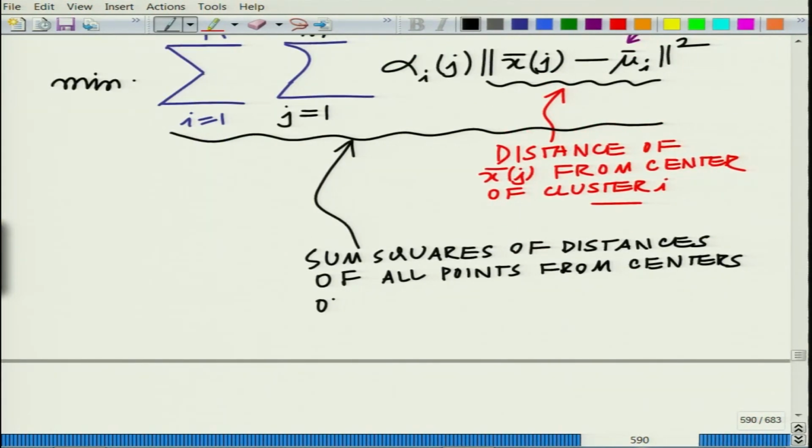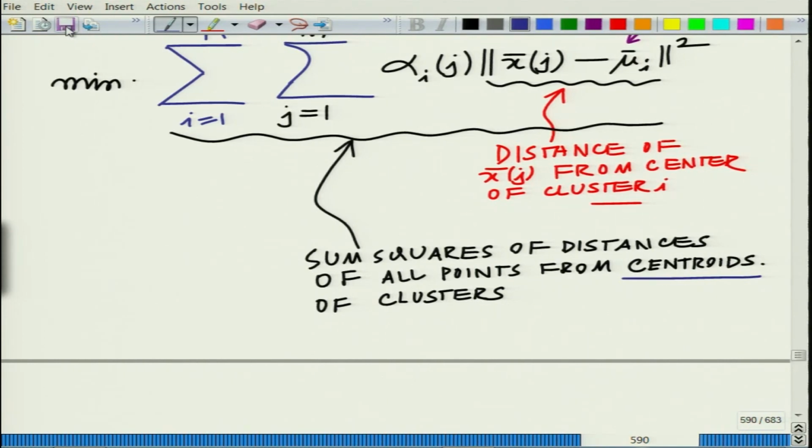Or the centroids of their clusters, right, from the centroids of their clusters. So, it is very intuitive.